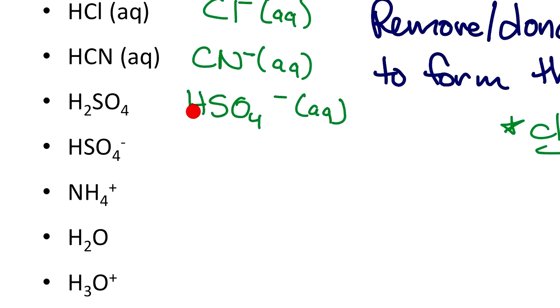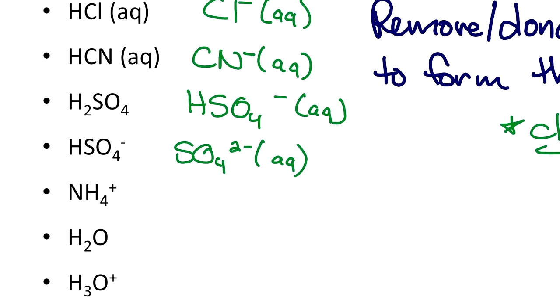There's still 1 proton left. So this substance can act as an acid again, and that's what this follow-up question is. So if this substance acts as an acid, what is its conjugate? It's going to just be SO4, but what's the charge? 2 minus, yes.